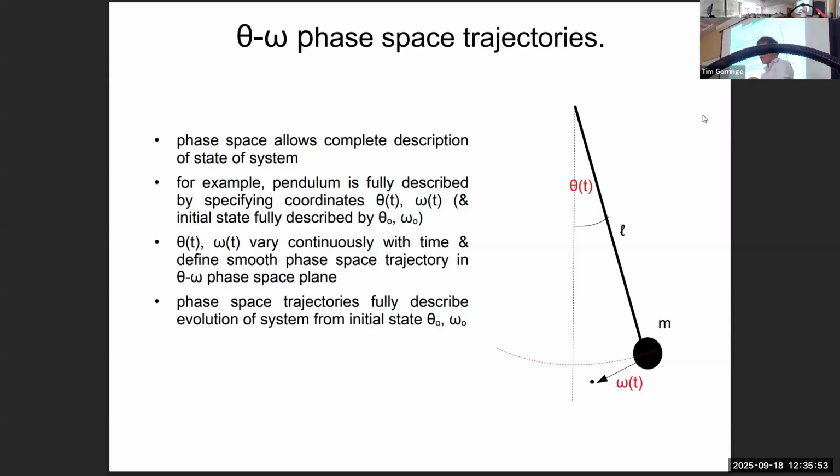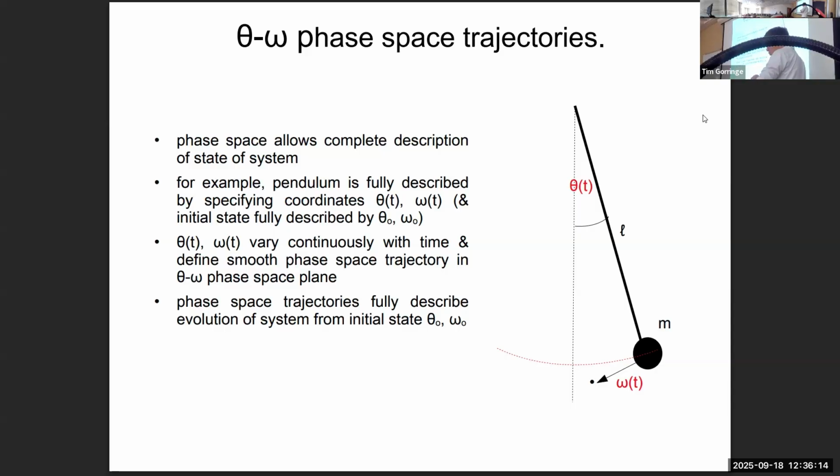The trajectory of a pendulum is a trajectory in this two-dimensional space of theta and omega, of angular position and angular velocity. So we're going to make these plots of angle versus angular velocity.